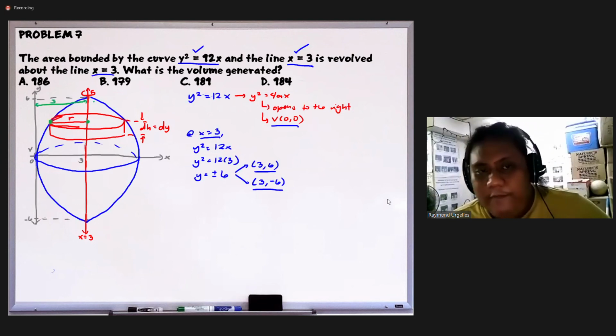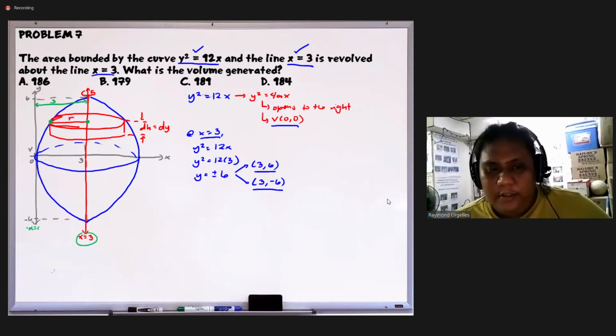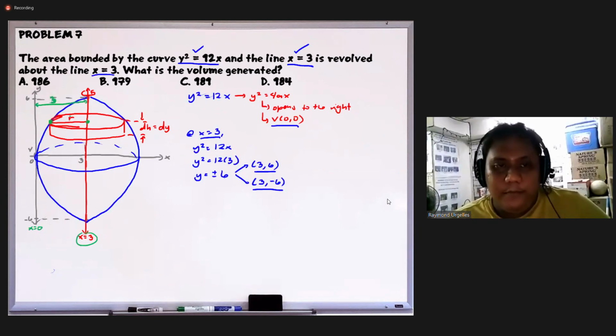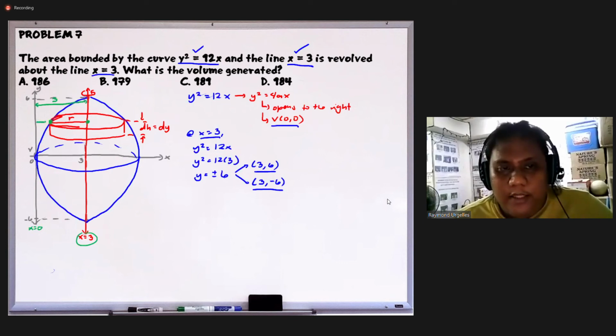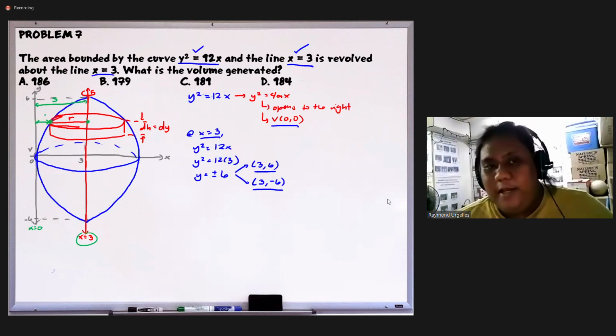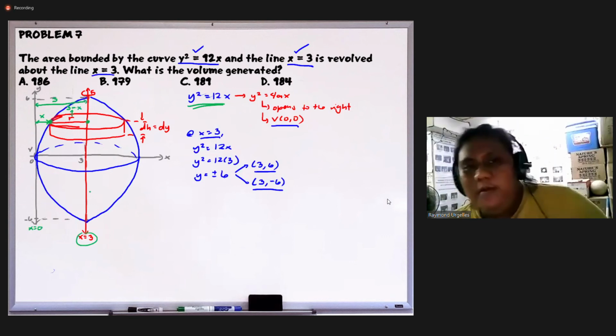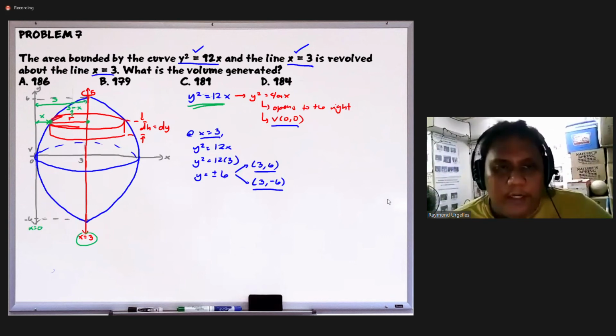And by definition of our coordinates, the distance from the y-axis to the point on the parabola is given by x, which we can get from the equation. So the radius is equal to 3 minus x.